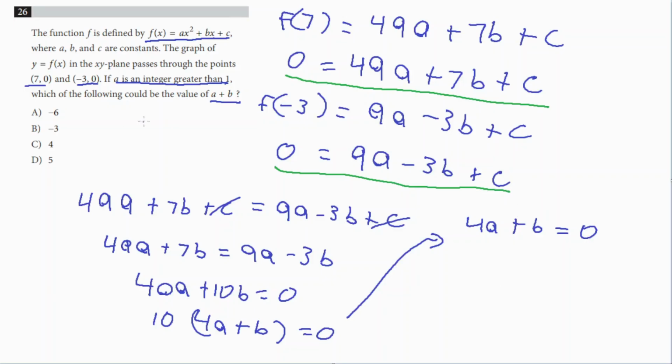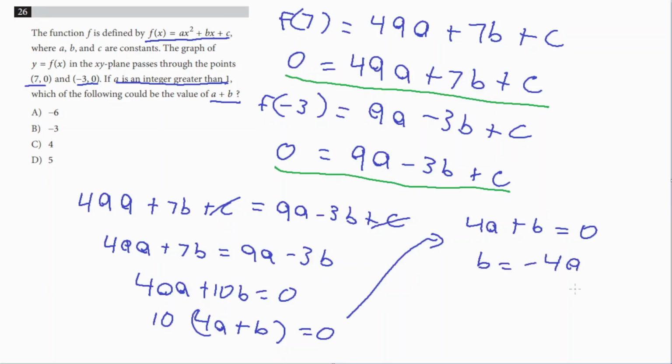So now we're very close. 4a plus b is very similar to a plus b. The only difference is the a's got a 4 as the coefficient now instead of 1. And we know that a is an integer greater than 1. So what I recommend doing here is you can start plugging in some numbers and see what happens. I would solve for b, and we get that b equals negative 4a.